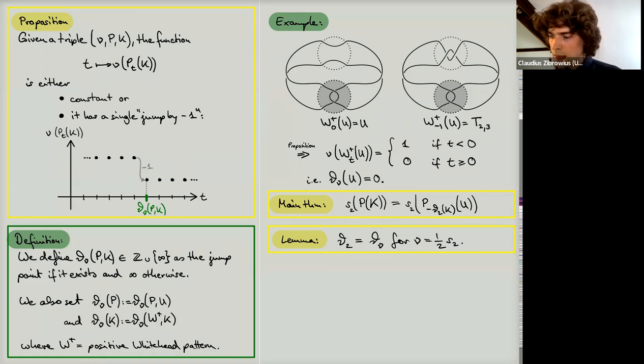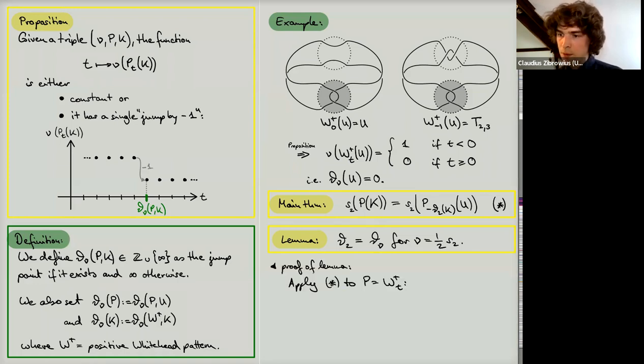It is again not hard to show, now that we know that theta nu of the unknot is 0. We simply apply this identity here to this family for which we understand the theta invariant and the slice-Torus invariant.